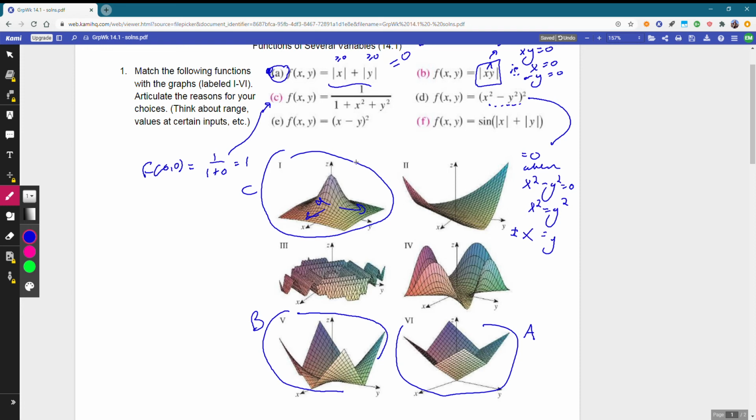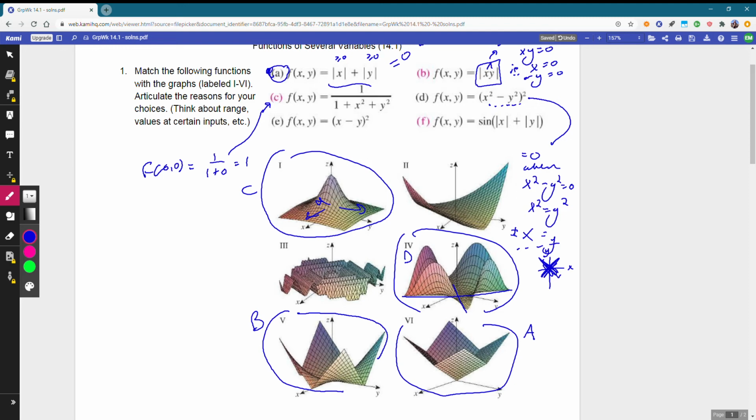So we can just leave that as plus or minus x. So we actually have two diagonal lines in the xy plane that are going to make our function 0. And looks like function 4 has that. Right, there's our y equals x line, there's our y equals negative x line, giving us 0 z values for our function. And so 4 is function D.